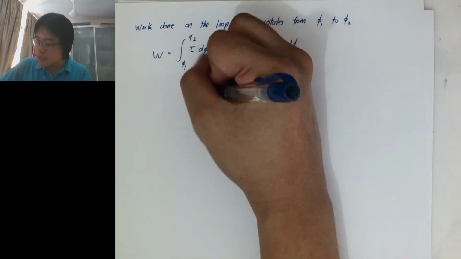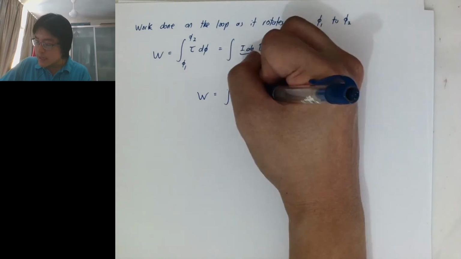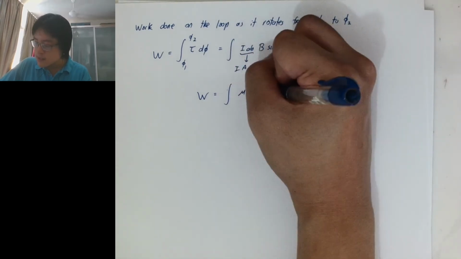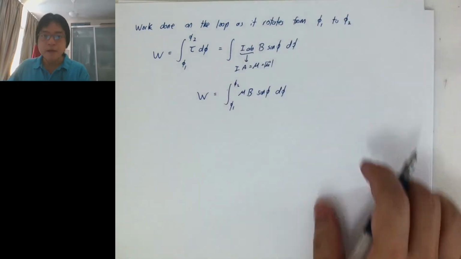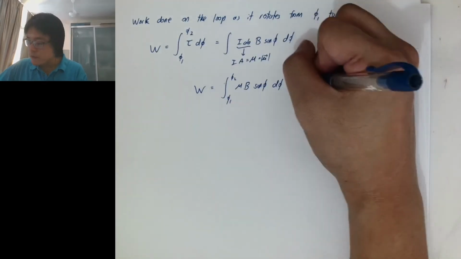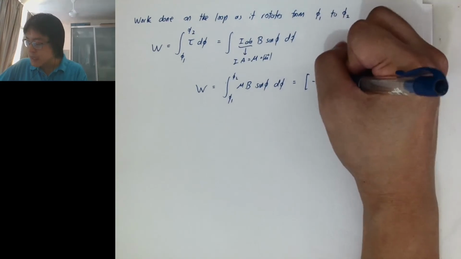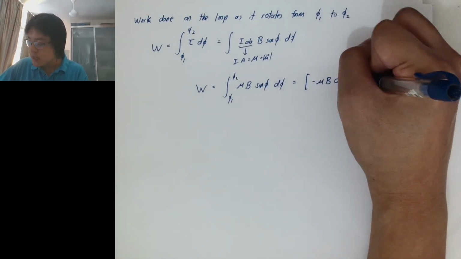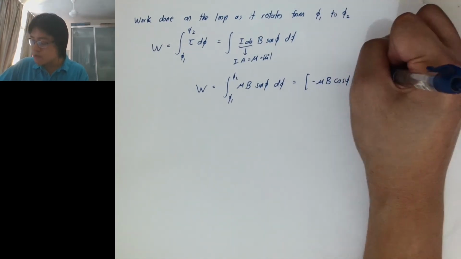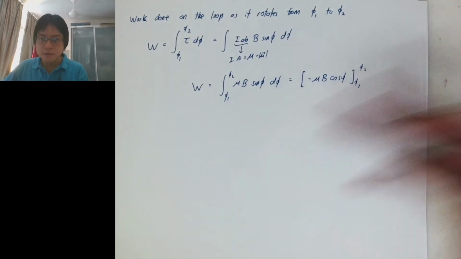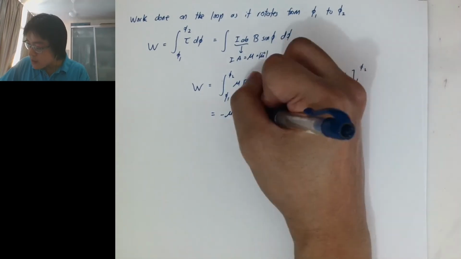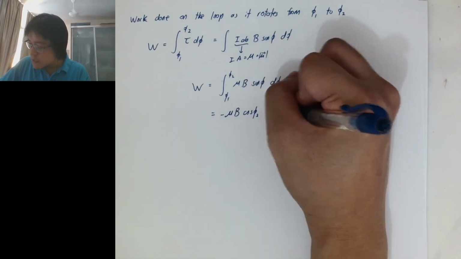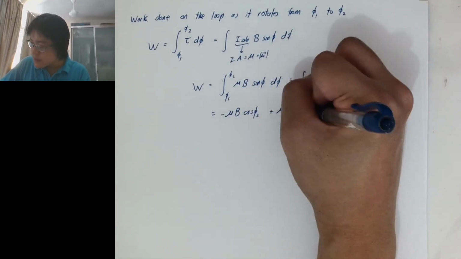So the work done is just the magnetic dipole moment, B sine phi, integrated with respect to d phi going from phi 1 to phi 2. If you perform the integration, you just get negative mu B cos phi from phi 1 to phi 2, right? And then you put in the limits. So what we have here is negative mu B cos phi 2, and then plus mu B cos phi 1.